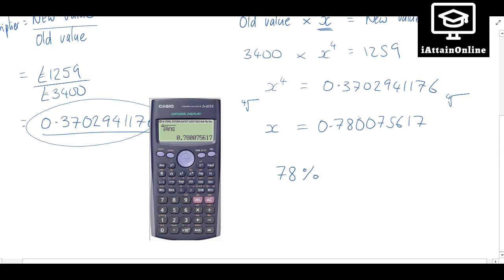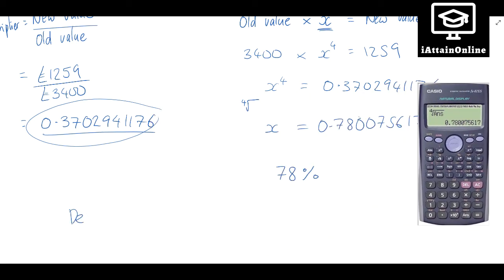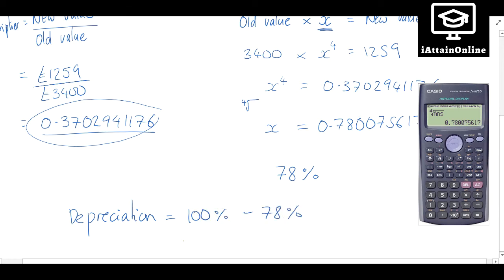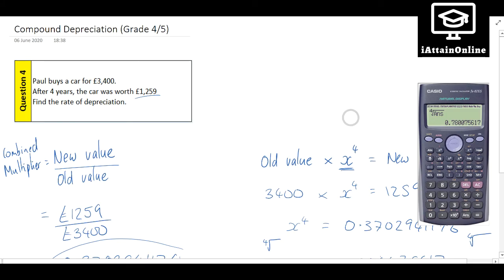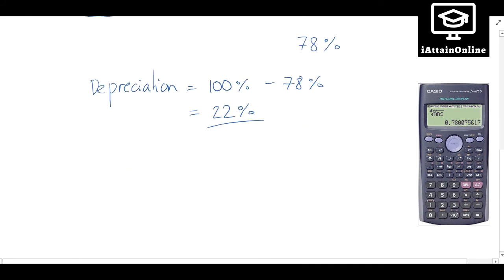So to find my depreciation, I'm simply going to do the original 100% take away the 78%, which gives me 22%. That tells me that the car has lost 22% of its value each year for the 4 years that we had it. And that's it.